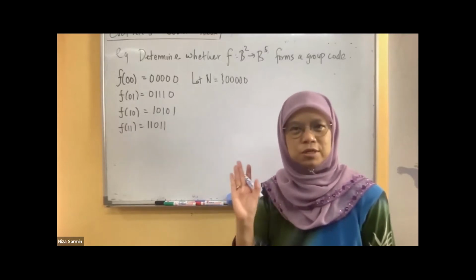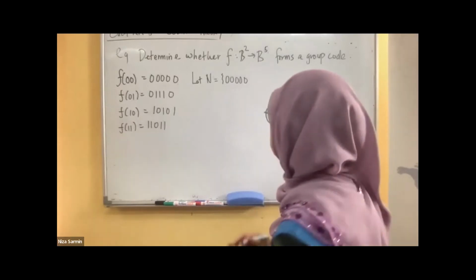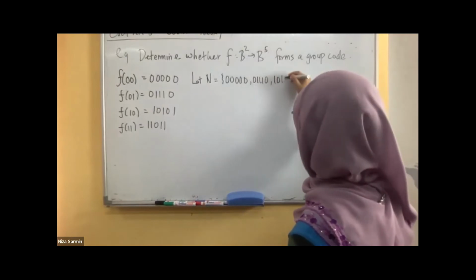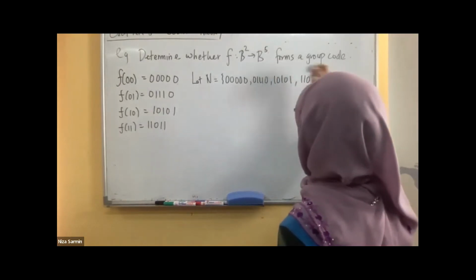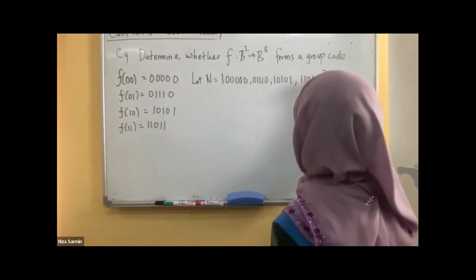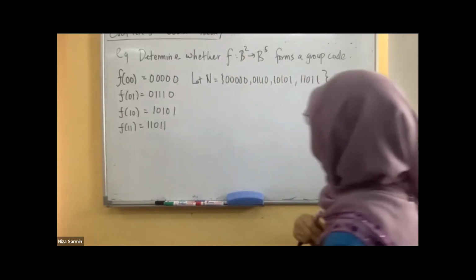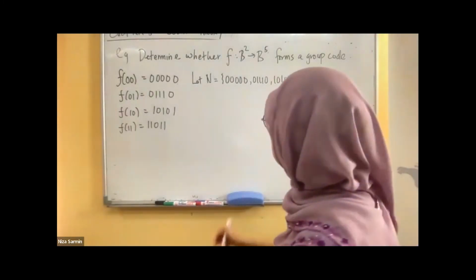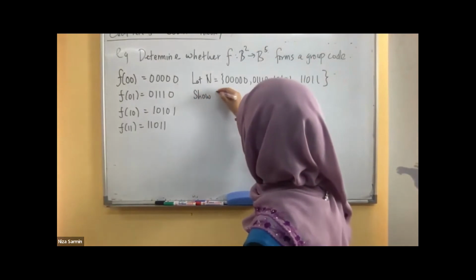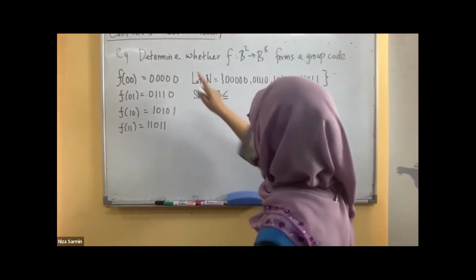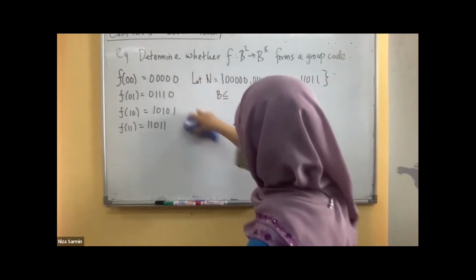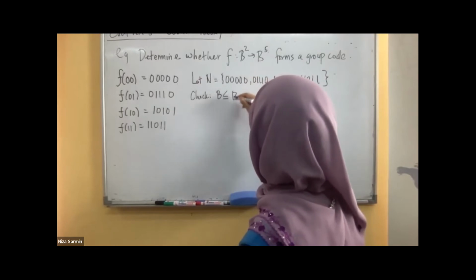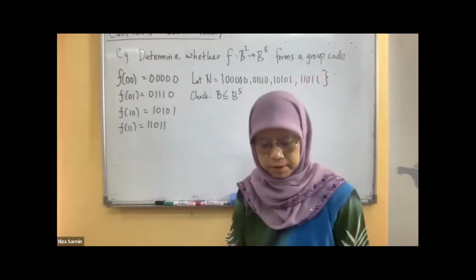So you will see all questions have to include this zero. Copy. 2 to the 2, there are 4 of them, and there are 1, 2, 3, 4, 5. We want to determine whether this is a subgroup of B5.